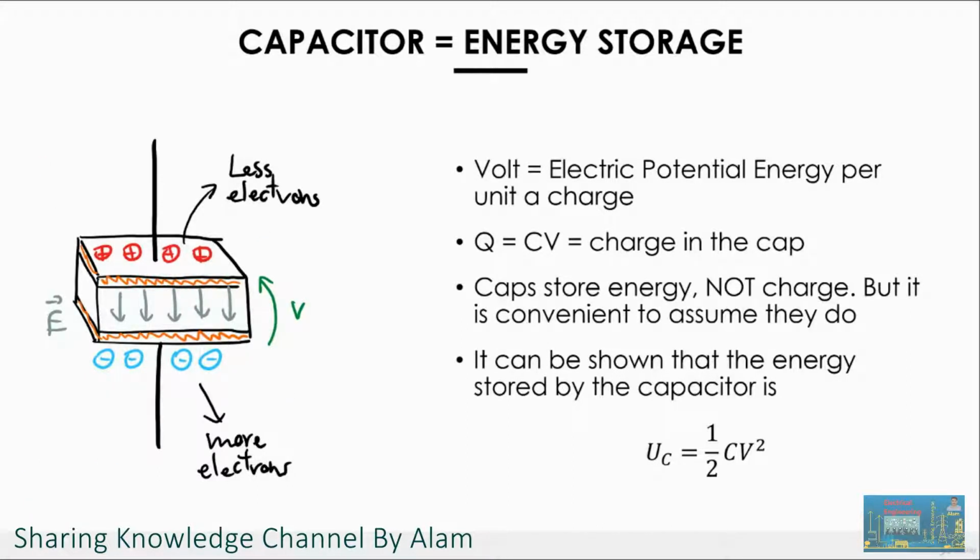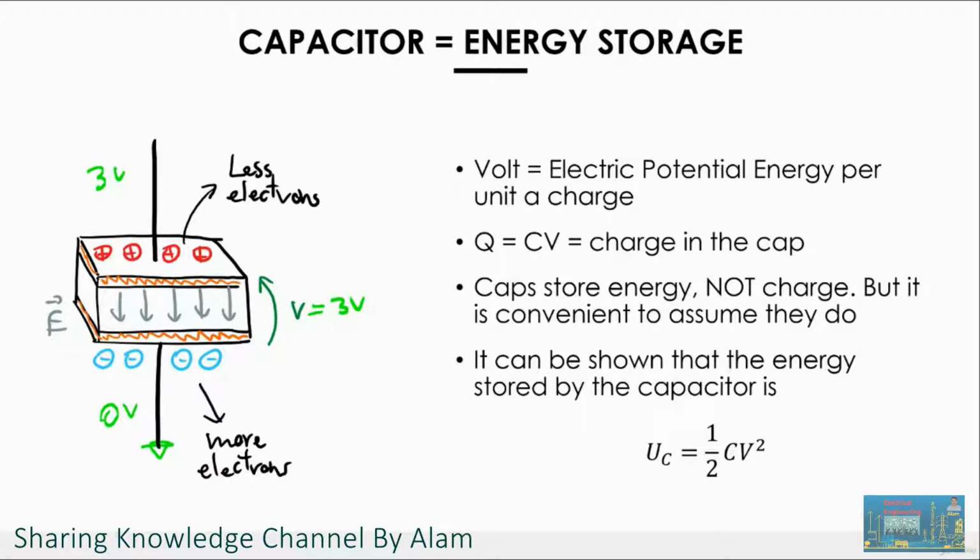Let's talk about the energy storage aspect of a capacitor. Let's say we have this capacitor on the left that is biased at 3 volts, which means V is equal to 3 volts. For example, we can say this terminal is ground, so 0 volts, and this terminal is at 3 volts. Now, if we remember the definition of volt, we know that volt is electric potential energy per unit of charge.